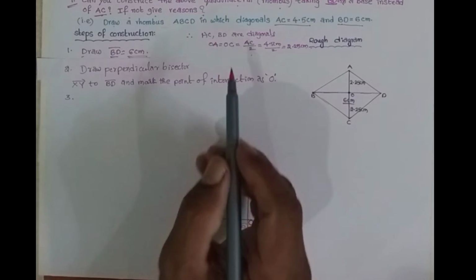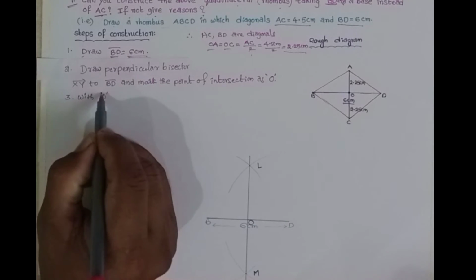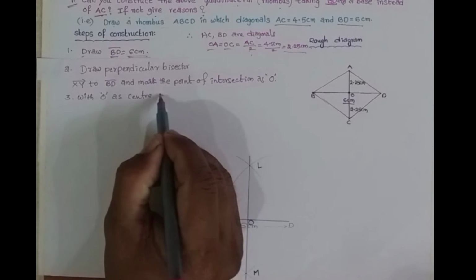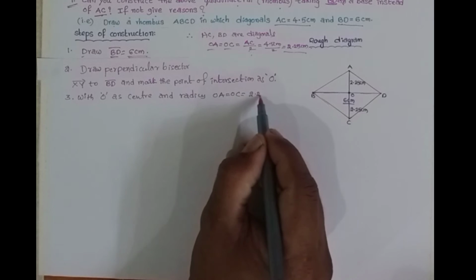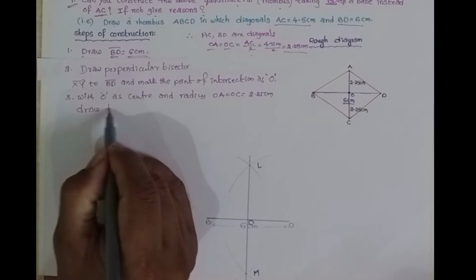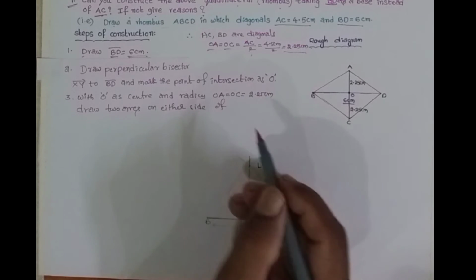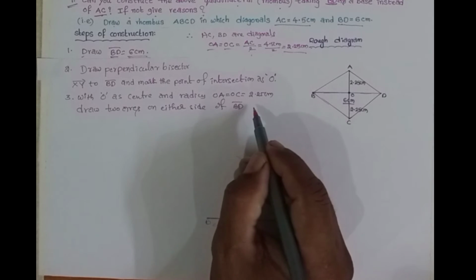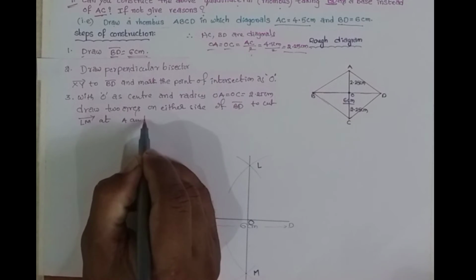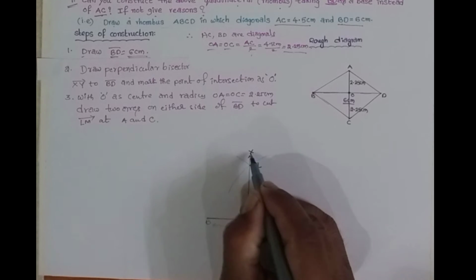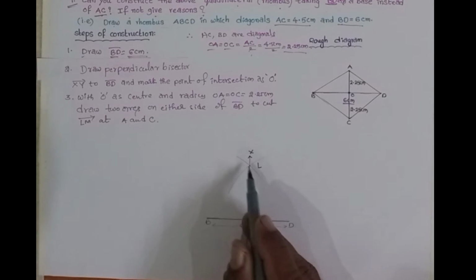Next step of construction: since OA and OC are equal to half of AC, that is 2.25 centimeter, with O as center and radius OA equal to OC equal to 2.25 centimeter, draw two arcs on either side of the line segment BD to cut the LM line at A and C. This is the perpendicular line XY which is perpendicular to BD, so that angle DOX equals 90 degree.